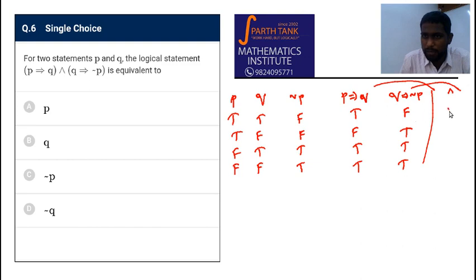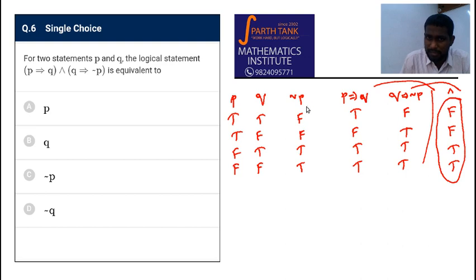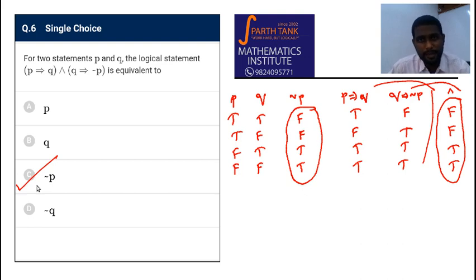That would give me AND is false here, because AND when one is false, it is false. Both are true, it is true, then this is also true. Now if you see this final answer, it matches exactly not P. So the answer is not P. Very simple. You've done it using the normal truth table operations.